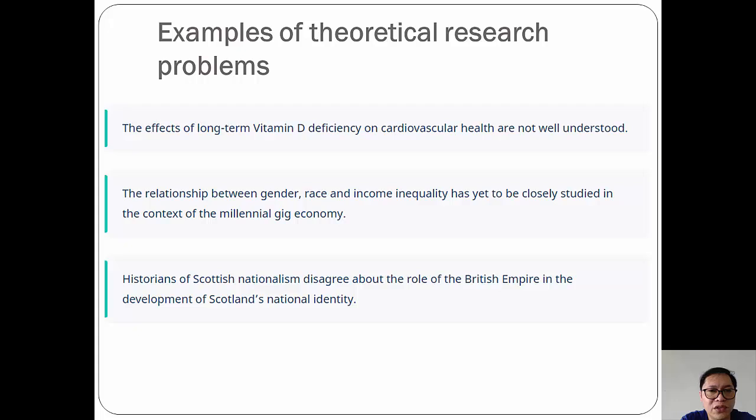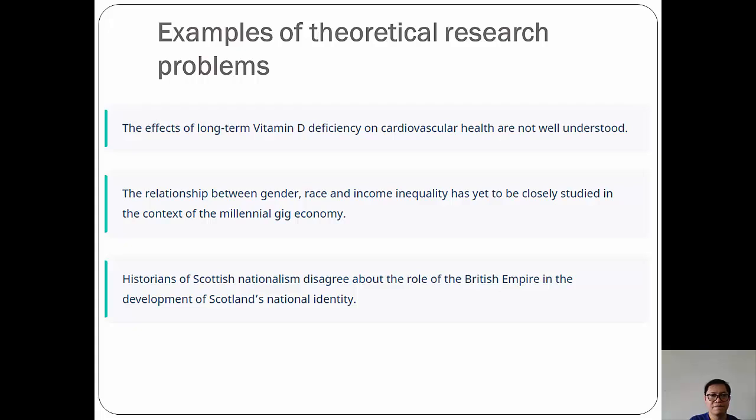So, examples of theoretical research problems. The effects of long-term vitamin D deficiency on cardiovascular health are not well understood. So that is a theoretical example, more on experimental. Okay? The relationship between gender, race, and income inequality has yet to be closely studied in the context of the millennial gig economy.